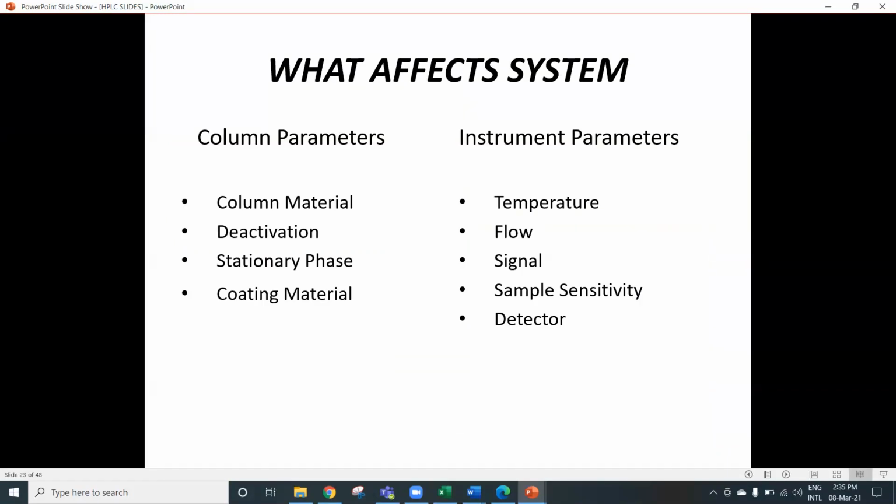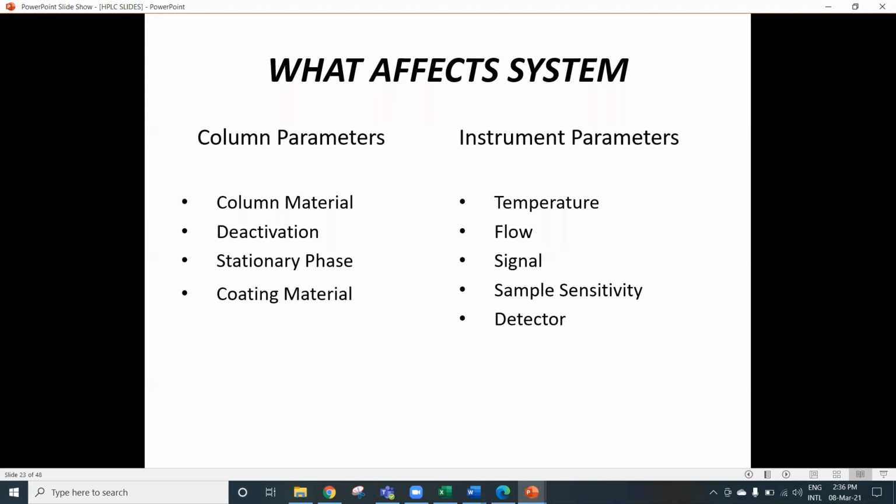So now, what affects the system? The column parameters. So you have the instrument parameters: the column, the temperature, the flow, the signal, sample sensitivity, and the detector. So these are the instrument parameters that we can vary. You can change your detector, you can change the flow rates of your sample and your mobile phase.